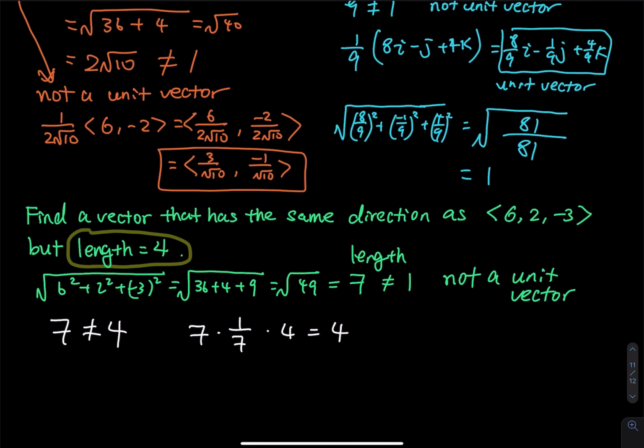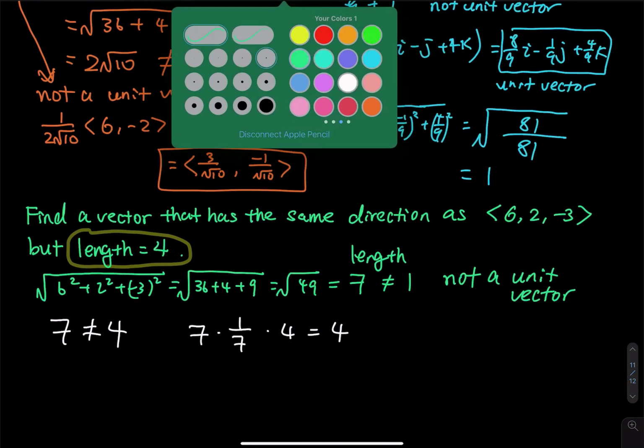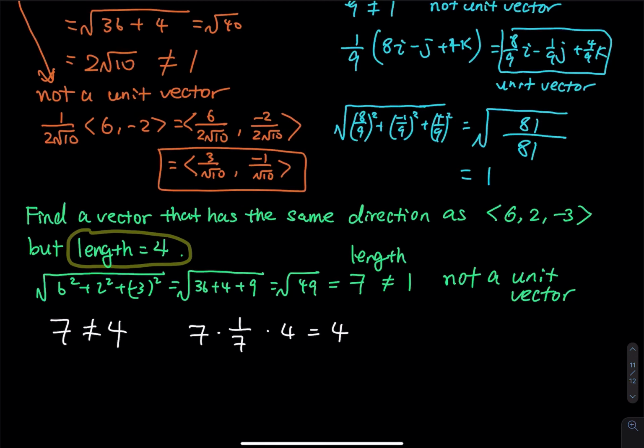So what you have to do next is, you have to take this vector, which is 6, comma 2, comma negative 3. First, you have to multiply by 1 over 7. Then you have 6 over 7, 2 over 7, and negative 3 over 7.